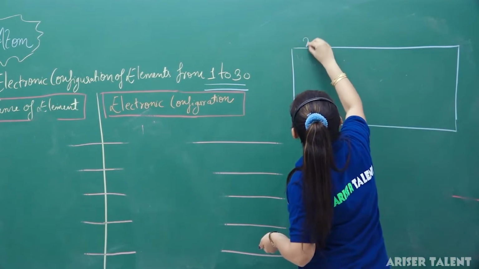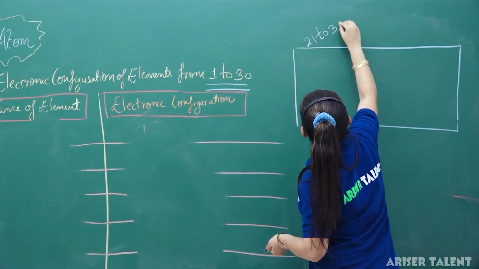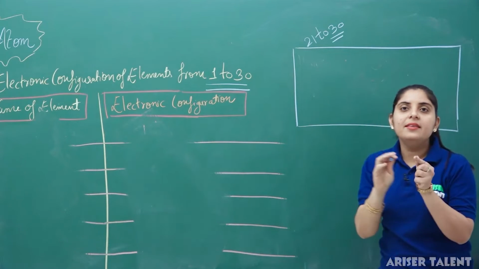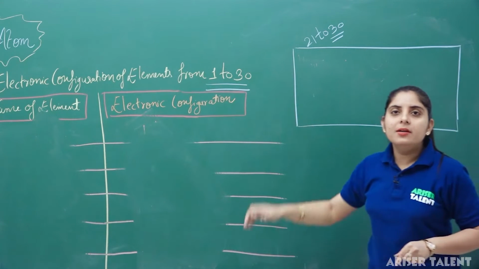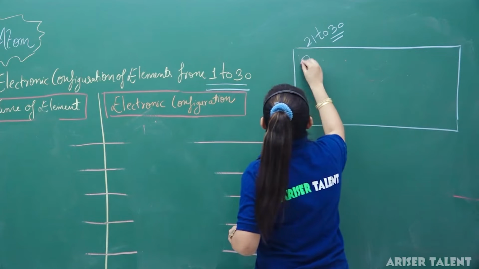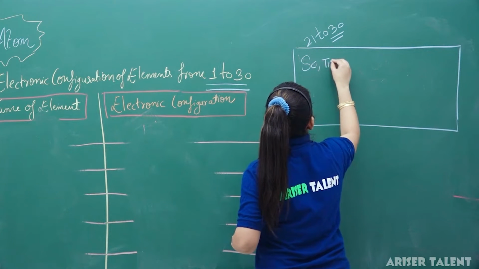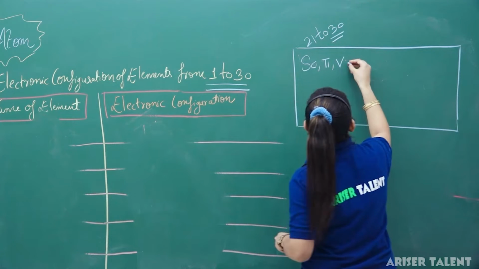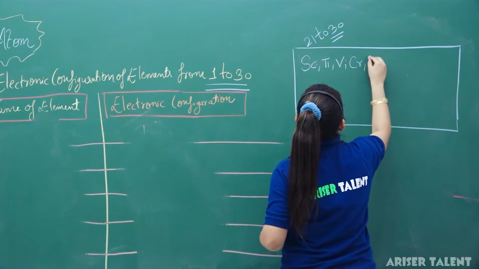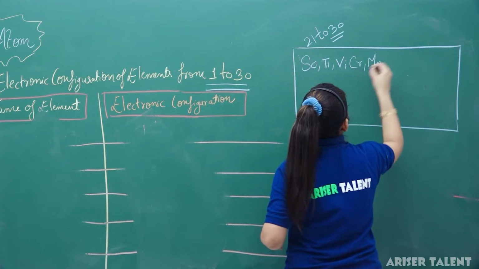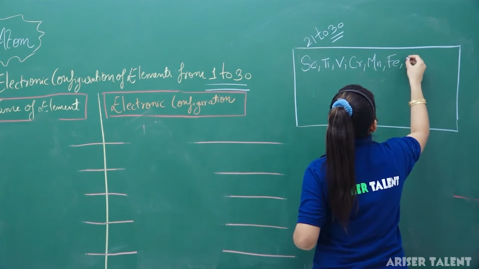We have 21 to 30 elements from the periodic table, and there is a simple formula to learn this table, that is Sc, Ti, V, chromium, manganese, Fe.